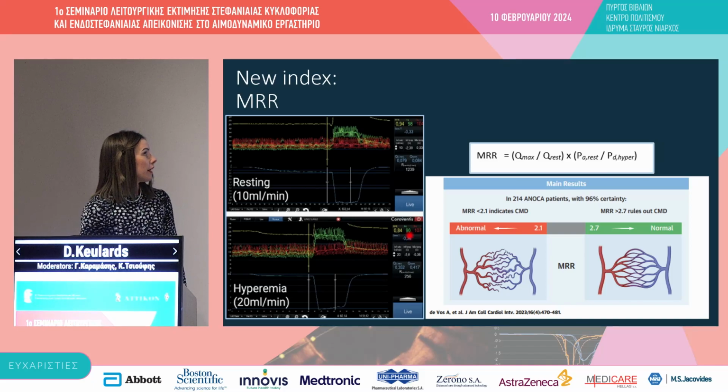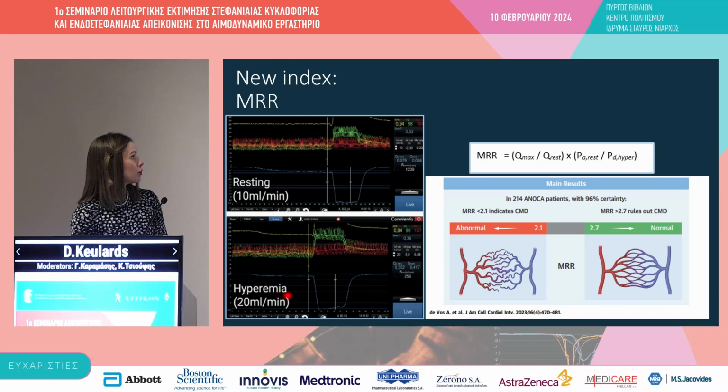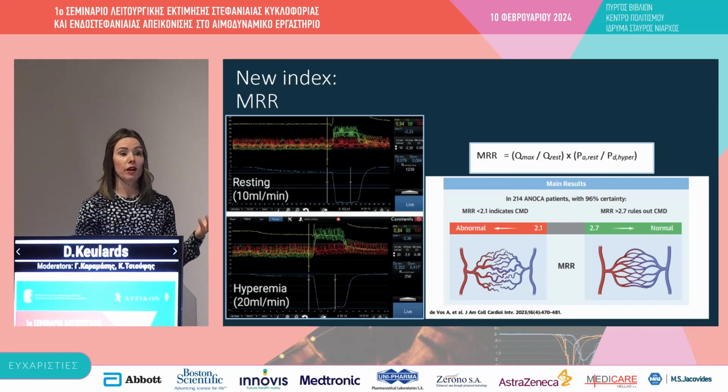It was very extensively investigated by Bernard de Bruyne et al. that this does not create hyperemia at all. Then you switch the infusion pump to hyperemia, 20 milliliters per minute, and then you have your flow in rest and during hyperemia, and you can calculate MRR. An MRR below 2.1 is abnormal.